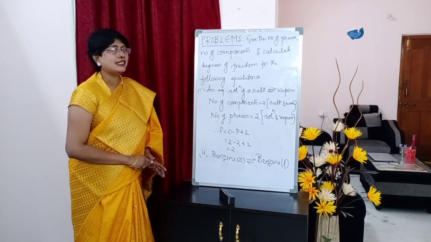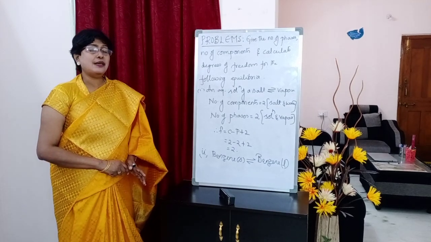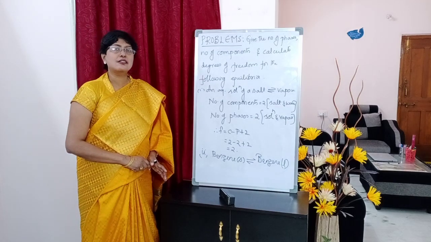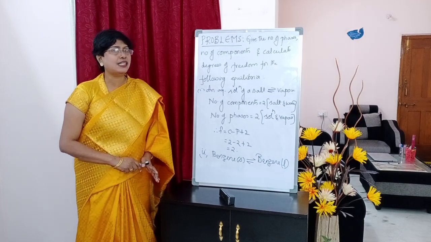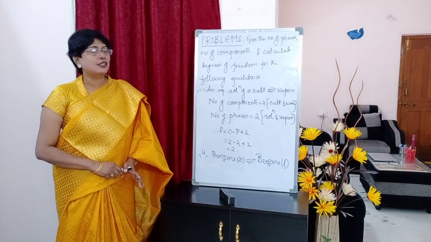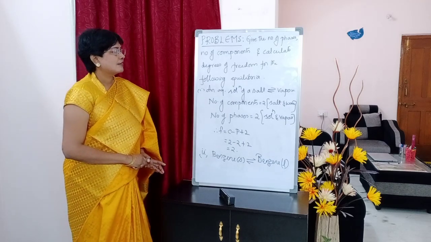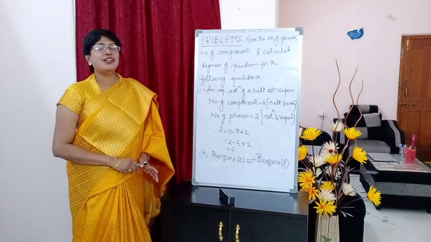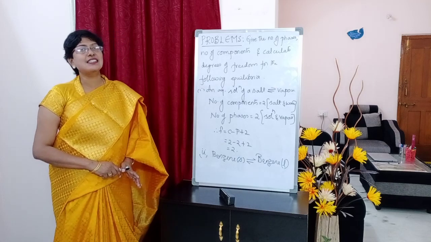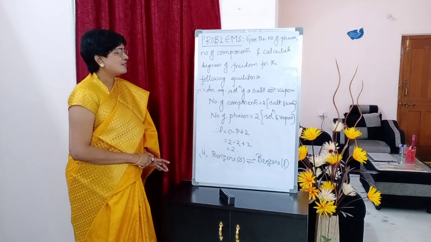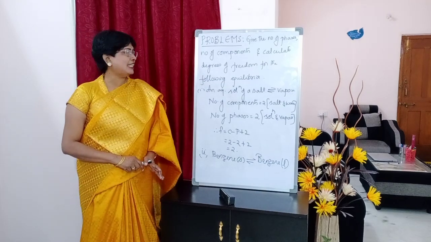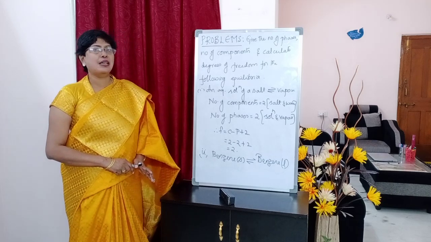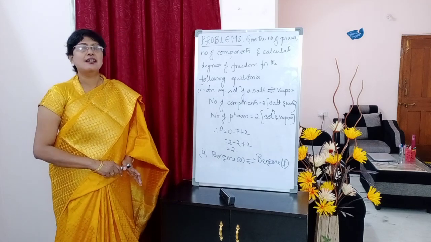An aqueous solution of a salt in equilibrium with vapor. Okay. So this is the equilibrium. We should write down the number of phases, number of components. So number of phases anyhow I have directly given. That is salt solution in equilibrium with vapor. So number of phases will be 2 students.